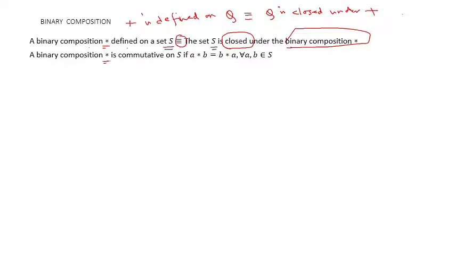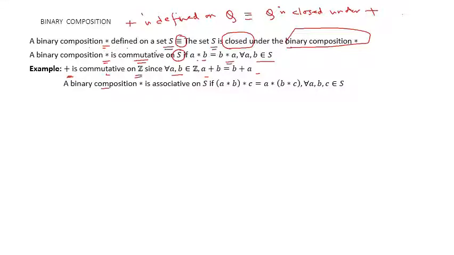First of all, a binary composition star will be commutative on that particular set S on which it is defined, obviously, if A star B equals B star A for all A, B belonging to S. সমস্ত A, B যেগুলো S এ আছে তার জন্য যদি এই প্রপার্টিটা সত্যি হয়, তাহলে আমরা বলবো this binary composition star is commutative on this given set S. For example, addition on Z, the set of all integers, is commutative because for all A, B belonging to Z, A plus B equals B plus A. So addition is commutative in Z.